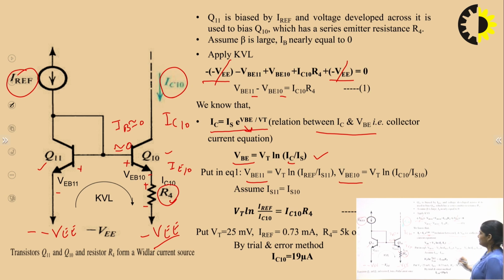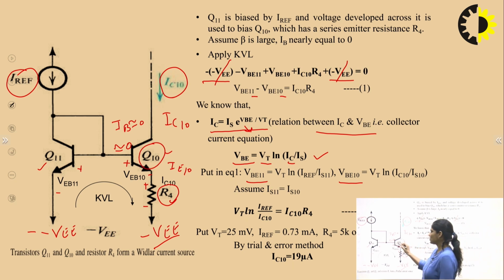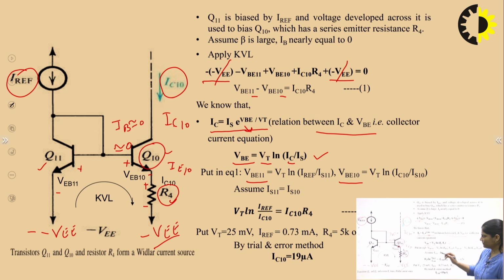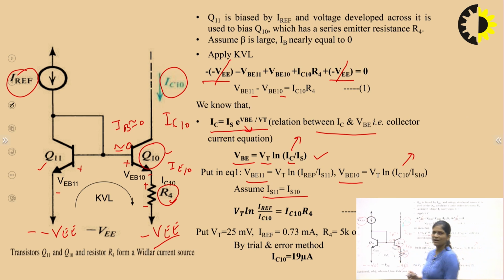Now calculate VBE10: it is VT ln of the collector current of transistor Q10, which is IC10, upon IS10. Now assuming the saturation currents for transistors 11 and 10 are equal, IS11 and IS10 are both the same.